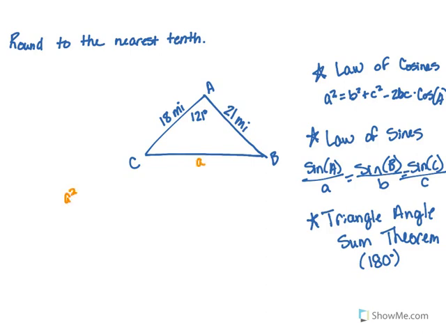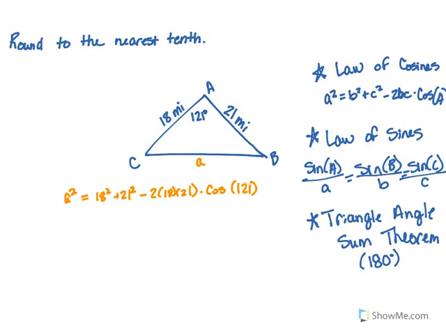So a squared equals 18 squared plus 21 squared minus 2 times 18 times 21. Remember, we're just plugging in the other two sides. It doesn't matter if they're a or b or what, it's just the other two sides. Then we do times the cosine of the angle that's across from the side we want.